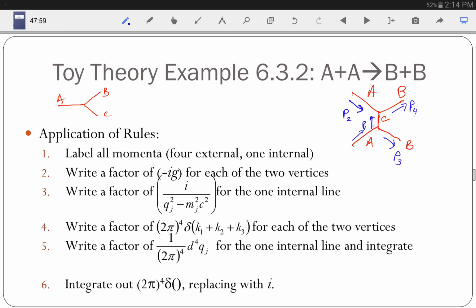Why are we labeling it Q? Because we're using Q for the virtual ones and P for the actual ones. How do we know it's virtual? Because it's internal rather than external. So we assume anything internal is virtual. Did the book call this Q1 or Q5? He just called it Q, since there's only one.